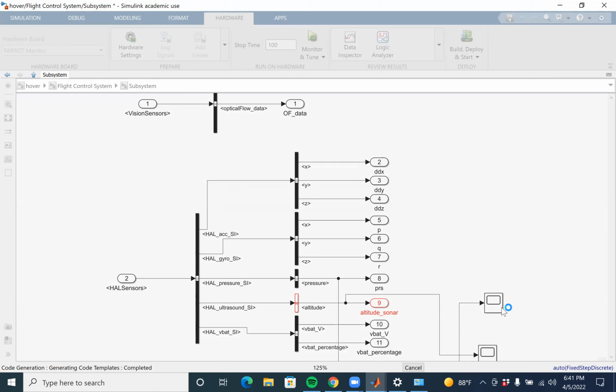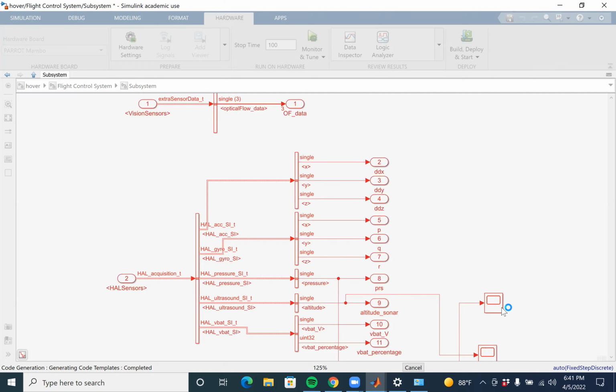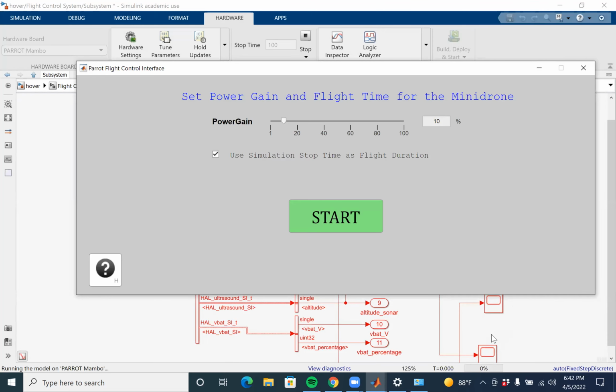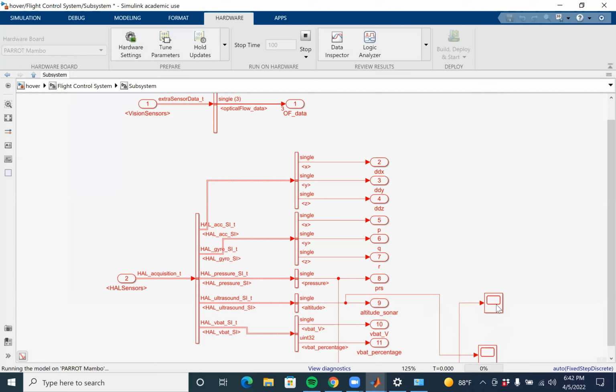It will actually run. So your Mambo should be ready, and then you can prepare and take off.